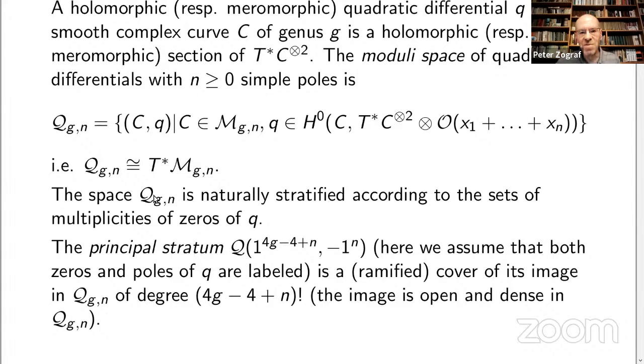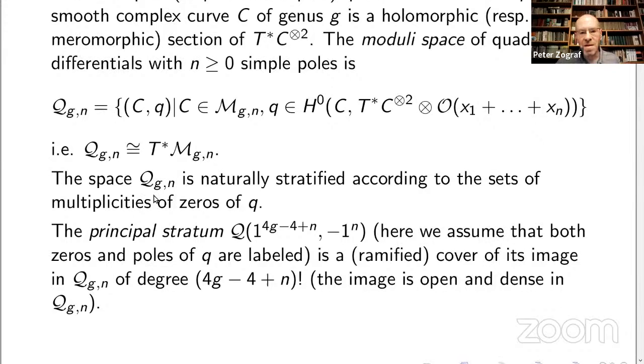There are 4g minus 4 plus n simple zeros on a curve, and we use a notation where 1 to the power 4g minus 4 plus n is the number of zeros, and minus 1 to the power n is the number of simple poles.